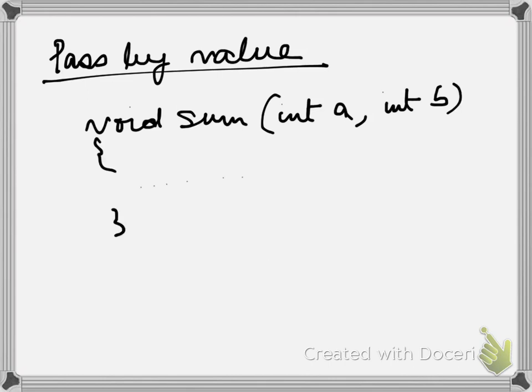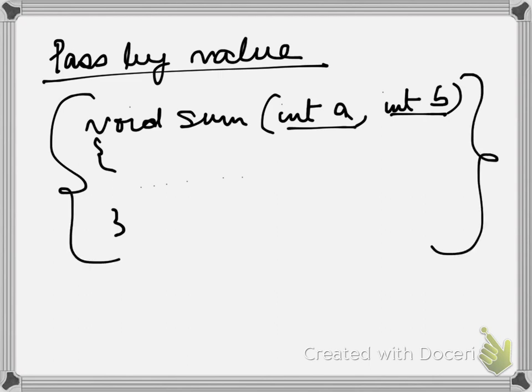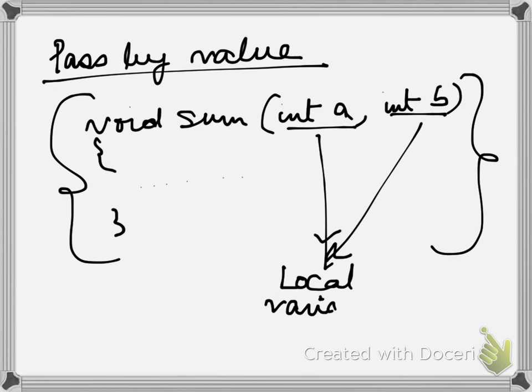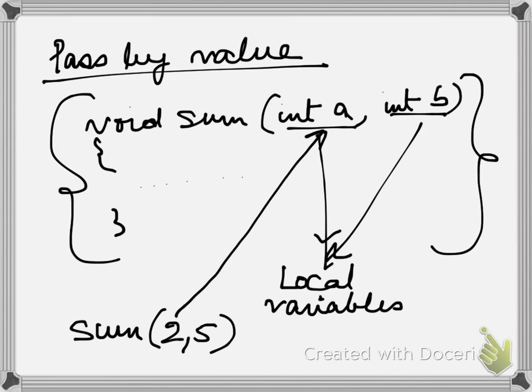Here a and b, which are the formal arguments, are treated as local variables inside this function. So when you are calling it as sum with 2 and 5, the value 2 is copied to a and the value 5 is copied to b.